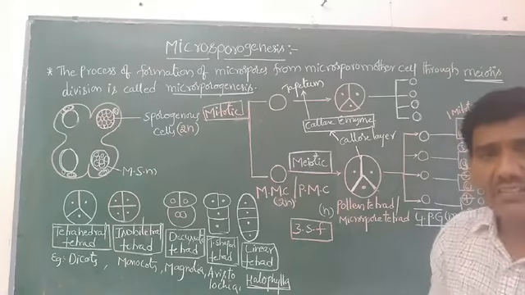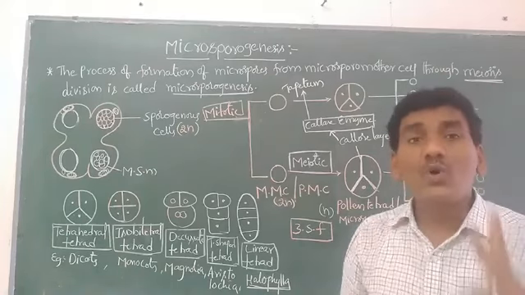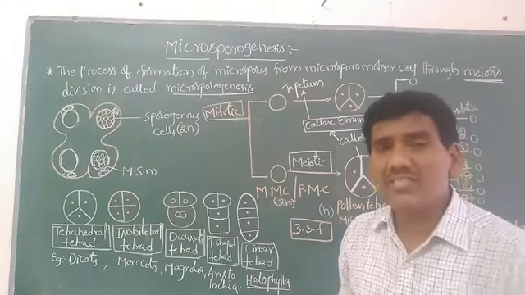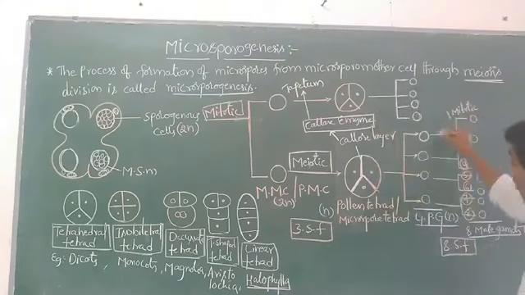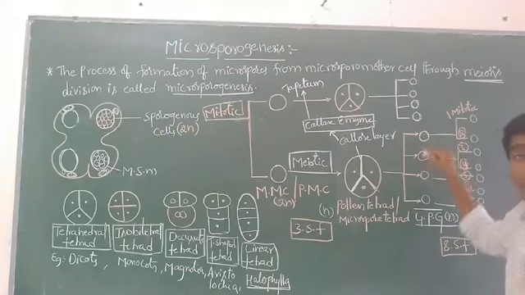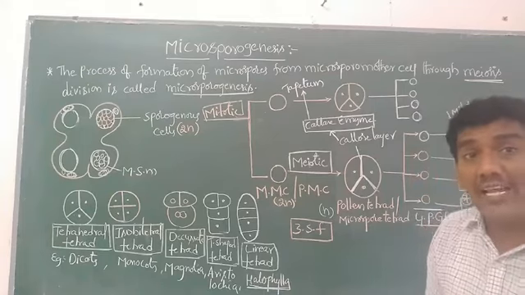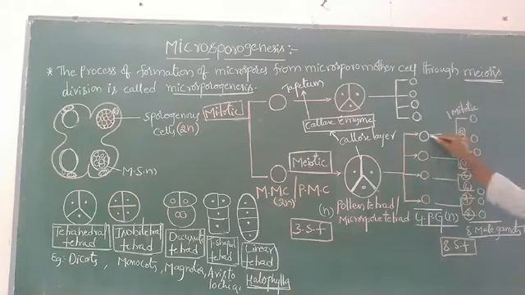From those four pollen grains, how many male gametes are formed? From the four pollen grains, totally eight male gametes are formed.